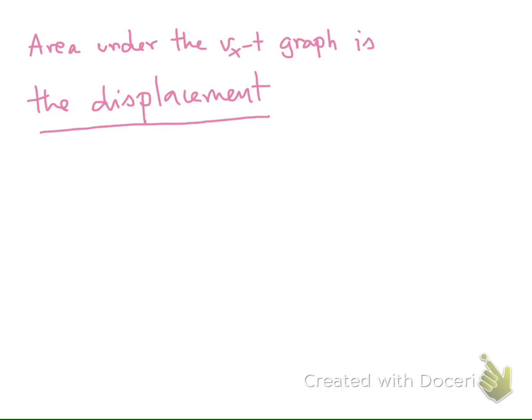Okay, the area under the v-t graph is the displacement xf minus xi. So this proves the assumption we used in the previous section.